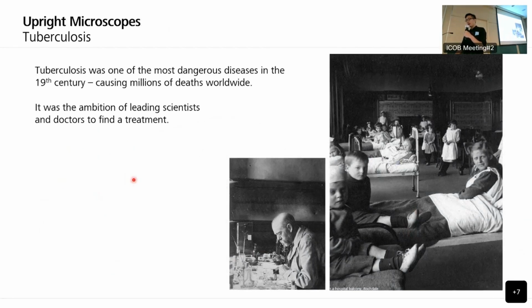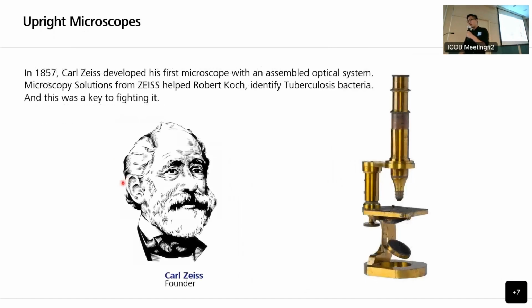So in the very beginning of the 19th century, people had plagues and really didn't know what caused this kind of syndrome. And here, Carl Zeiss produced the first standardized microscopes to view specimens efficiently.